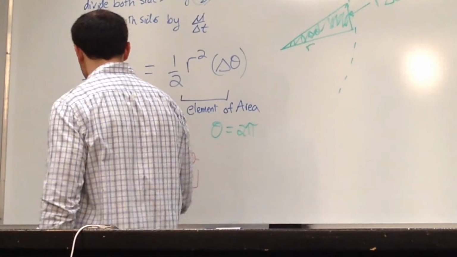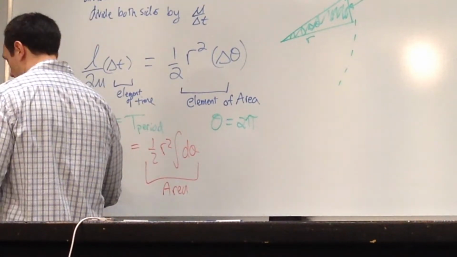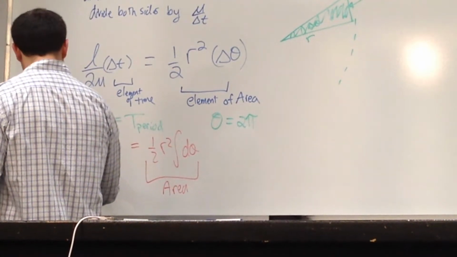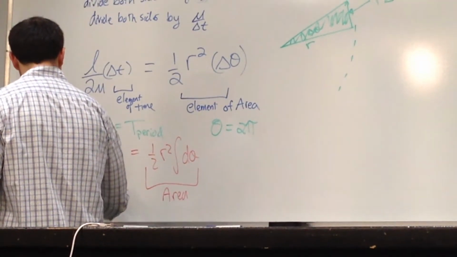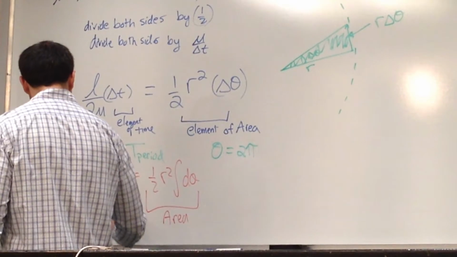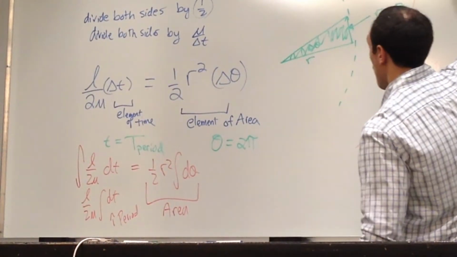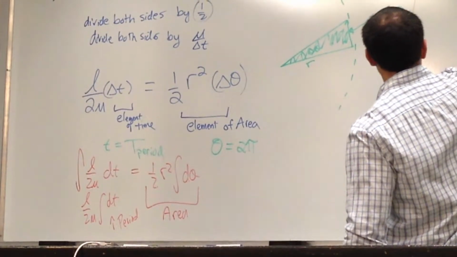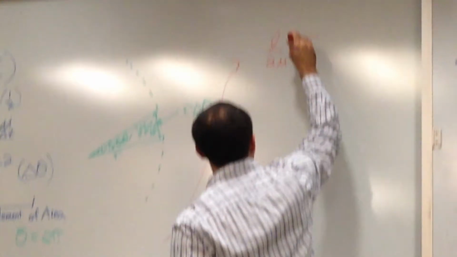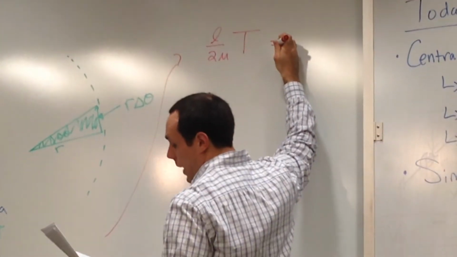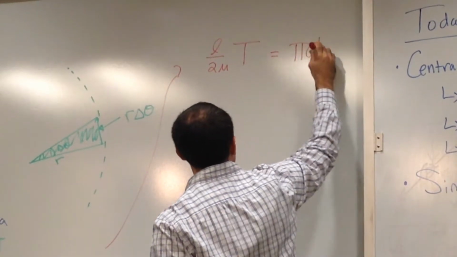That's what we're going to calculate. And this right here is going to give us the period. And so what we end up saying is L over 2 mu times the period T is just equal to the area of an ellipse, which is pi AB.